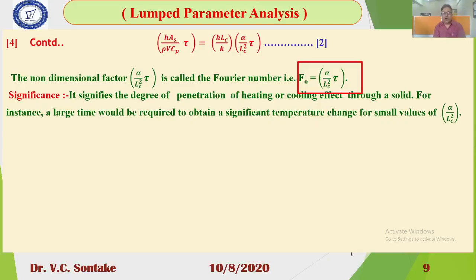Similarly, a longer time would be required by the body to change its temperature if the value of alpha over Lc square is very small. So in simple language, the more the value of Fourier number, the more time will be required by the body to get its temperature affected by the temperature of the surrounding.